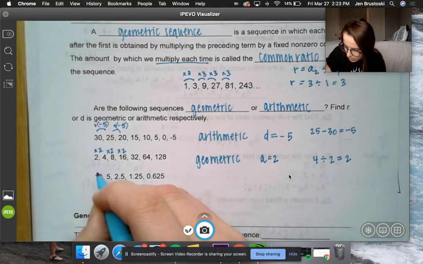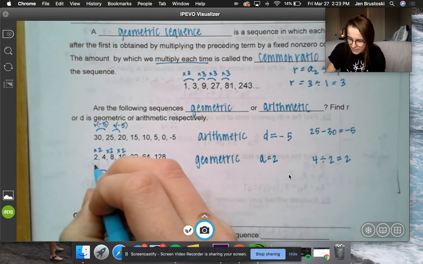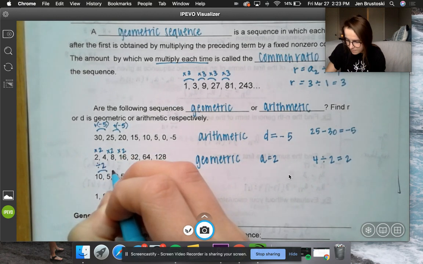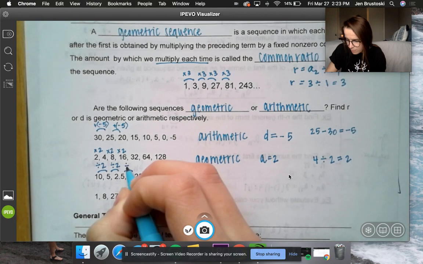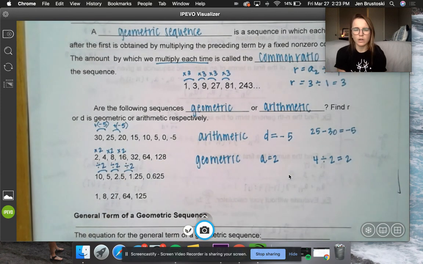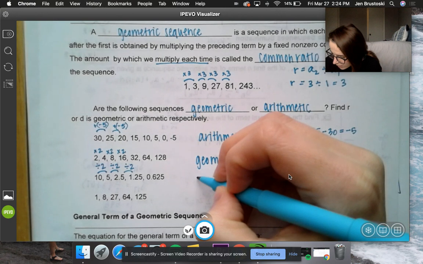So we are going down. We're dividing by 2 each time. But our geometric sequence is defined by a common ratio, what we're multiplying by each time. So you can think to yourself, okay, I'm dividing, that's the same as multiplying by the reciprocal, or you can do math work.